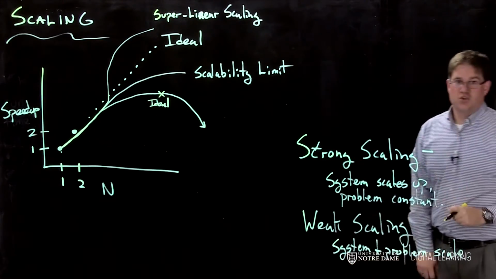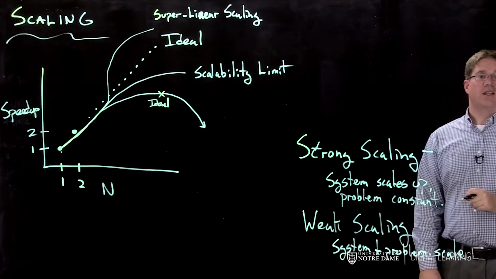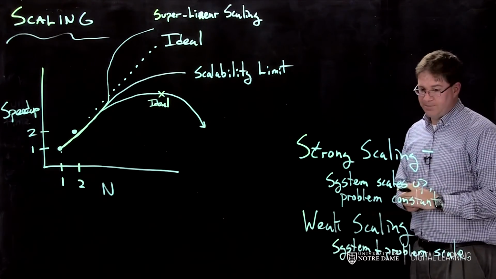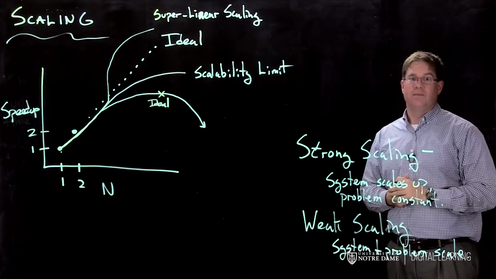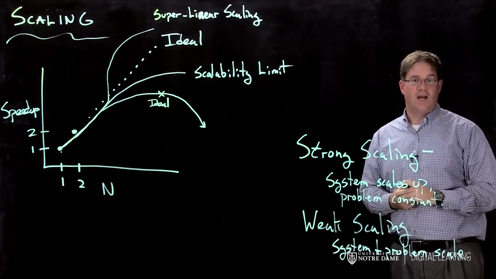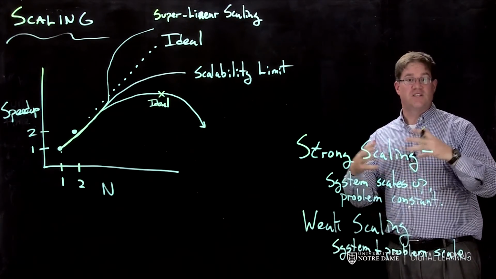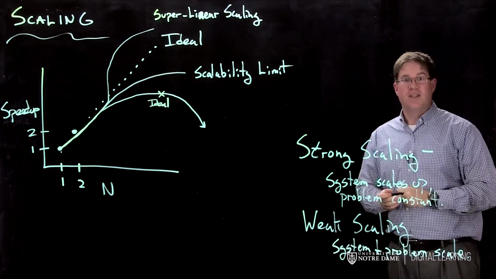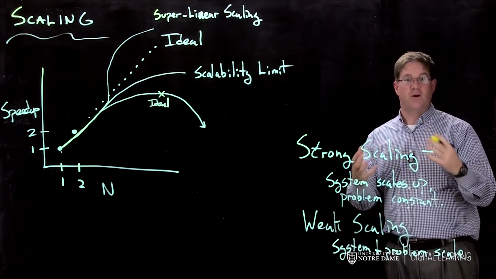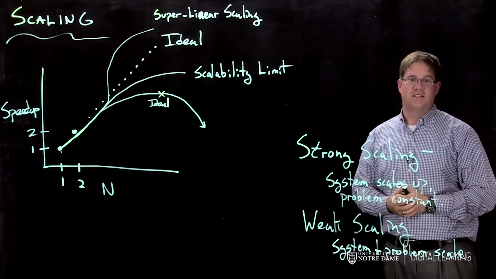Now, strong scaling isn't necessarily better than weak scaling. It's just a different way of thinking about a problem. With weak scaling, the problem that we're looking at grows with the machine. And so it's useful for sorts of analysis where you want to increase the resolution as you go. So perhaps you have a simulation that you'll get better results if you have better resolution, while weak scaling is the analysis that you want to do.